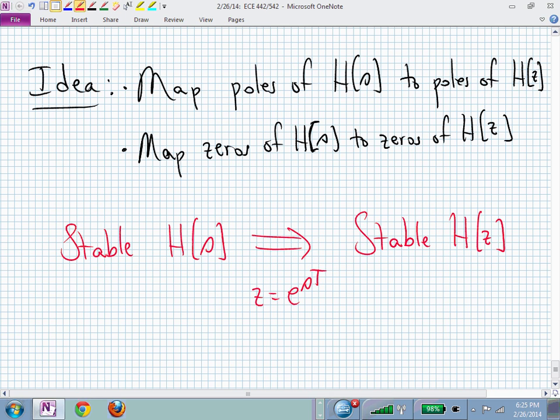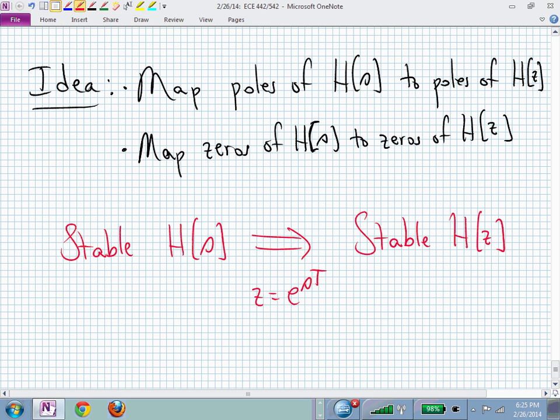We're just going to map them into the unit circle. They will have negative real parts, which puts them inside a radius of 1, and that gets us inside the unit circle. And in some of the numerical integration approaches, we couldn't be guaranteed of stability, could we? The forward rule didn't give us a stable H of z necessarily.